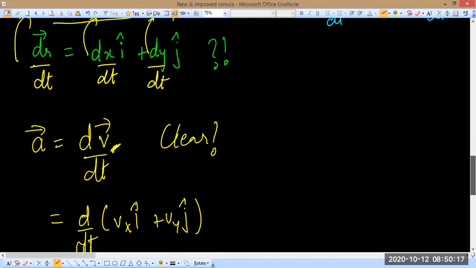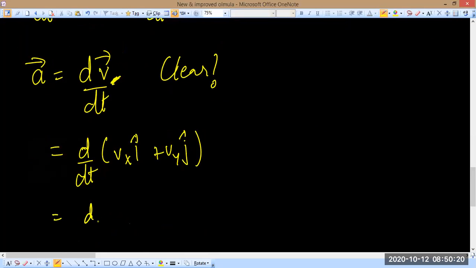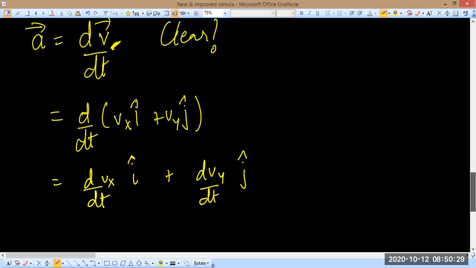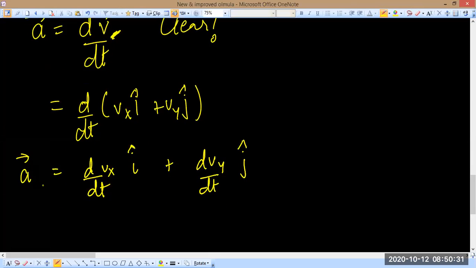So then if I separate it once again, it's going to become dvx by dt i caret plus dvy by dt j caret. And once again, the independence of the two axes holds.